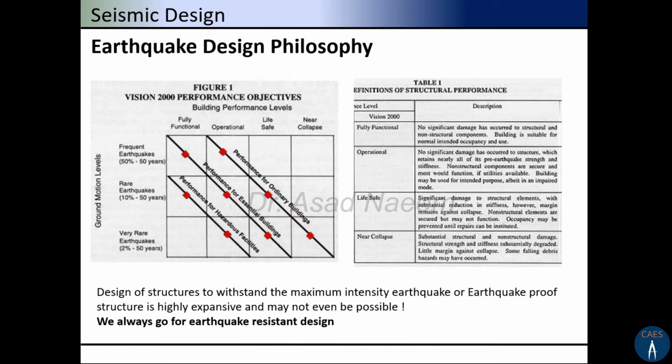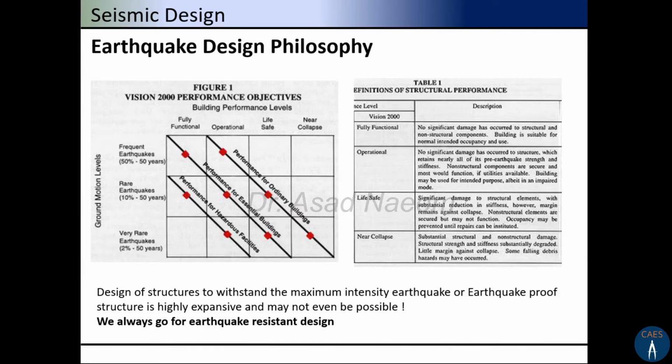So we always go for an economical design which can be earthquake resistant, which can bear a certain amount of earthquake energy and dissipate energy, but will not collapse under such an earthquake. These are the main parts of this earthquake engineering philosophy.